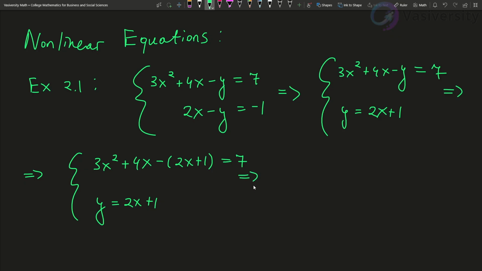Okay, so in the first equation, let's go ahead and try to solve it. If we simplify, it's going to be 3x squared plus 2x minus 1 is equal to 7, so it's going to be minus 8, is equal to 0. So I think we can factor it.